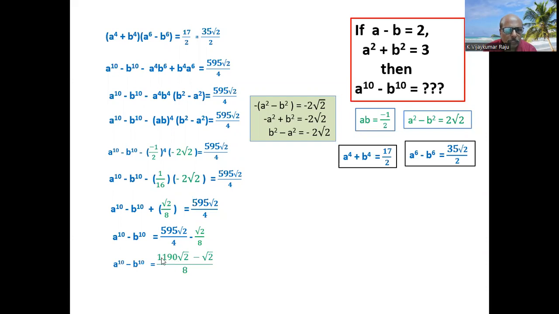So it will become 595 into 2 is 1190 root 2 minus root 2. If you take out root 2 common, it is 1190 minus 1 is 1189. So a¹⁰ minus b¹⁰ is 1189 root 2 upon 8. So this is the value which we want to put. I think you are clear.